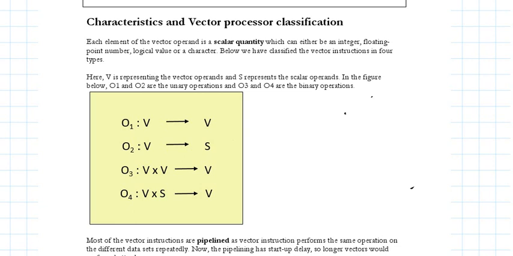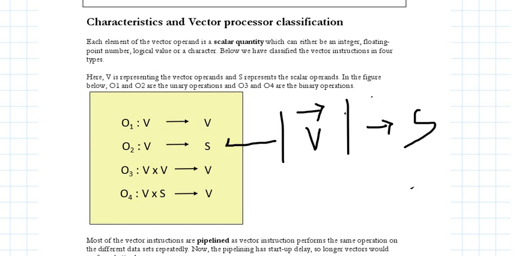As for example, if you try to find the norm of a vector, then input is a single vector, but when you calculate the norm or amplitude, then output is a scalar quantity. So this is an example of vector to scalar mapping.